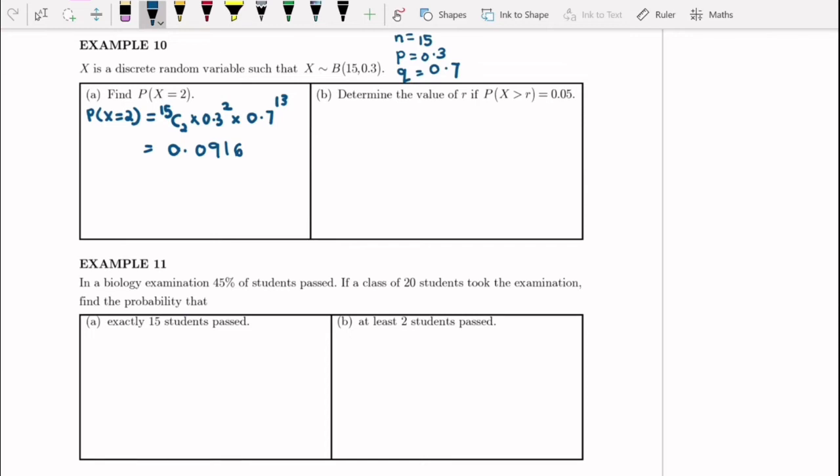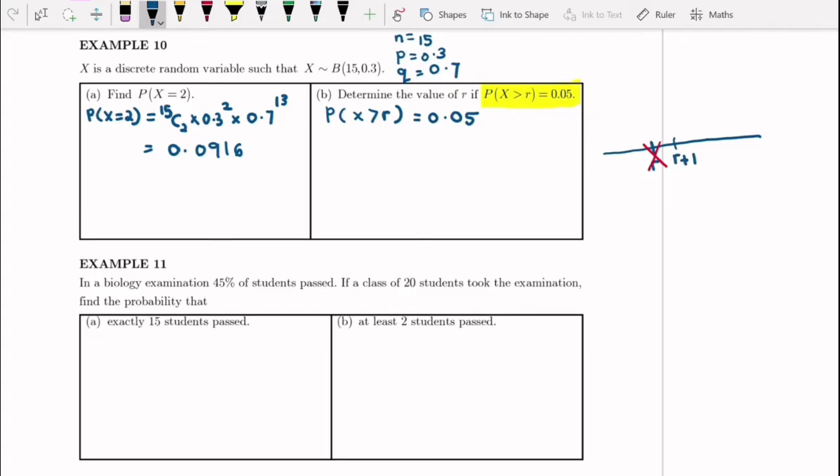Next, question B. Determine the value of r if probability x greater than r is equals to 0.05. So we know that if P(x greater than r), that means r is not included. So we will start with the number after r, which is r plus 1.